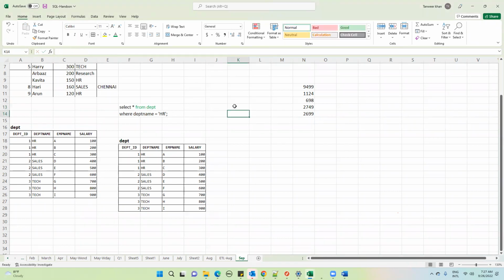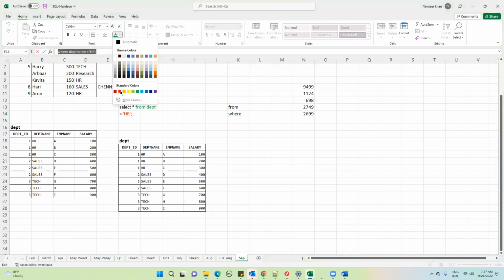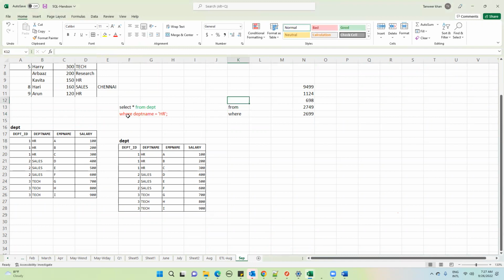So in the order of execution, first of all, from will be executed. After from, then where will be executed. Okay. Now in where you have mentioned the condition, so when the SQL engine sees this where, it will understand that the user wants only those records from this table where the department name is HR.